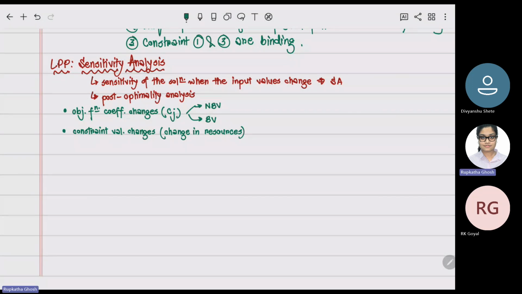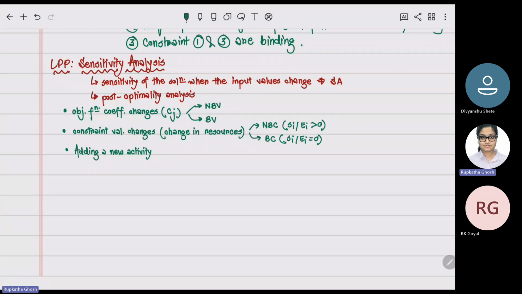So either you will be trying to see what is happening to the non-binding constraints in the optimal solution, where your slack or surplus or excess is greater than 0, or binding constraints where your slack or surplus is equal to 0. Third is adding a new activity. Then how will it affect your optimal solution?